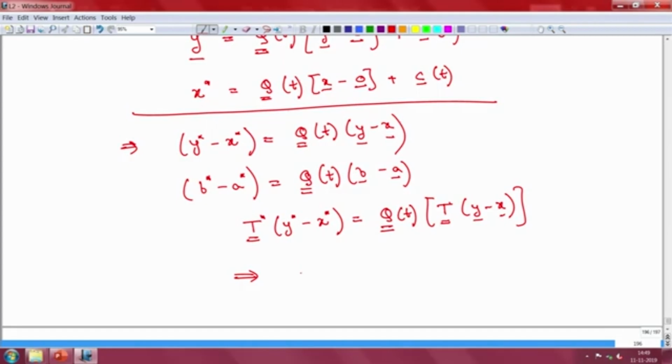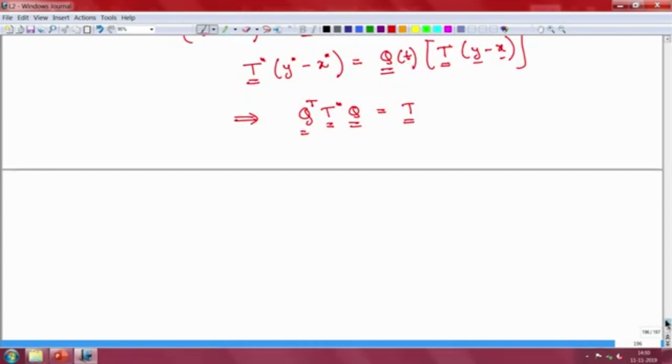So, in fact, I can use that property and then I can assert that Q transpose T star into Q will lead me to T. There is one step I have skipped, and I have deliberately skipped so that you can fill in the gap here. And this implies that your T star is equal to Q T into Q transpose.